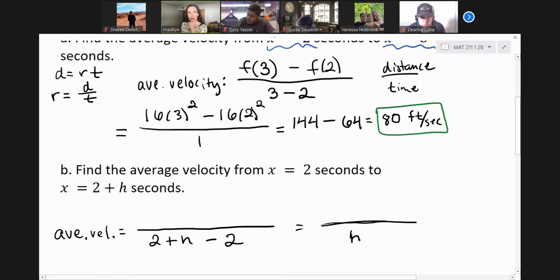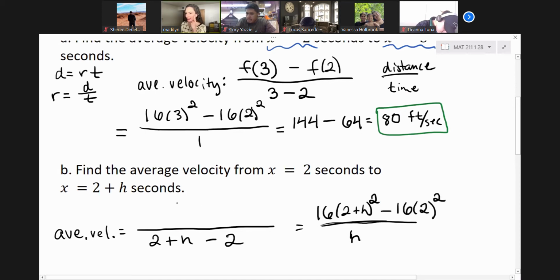So then the numerator would be 16 bracket 2 plus h bracket squared minus 16 bracket 2 bracket squared.